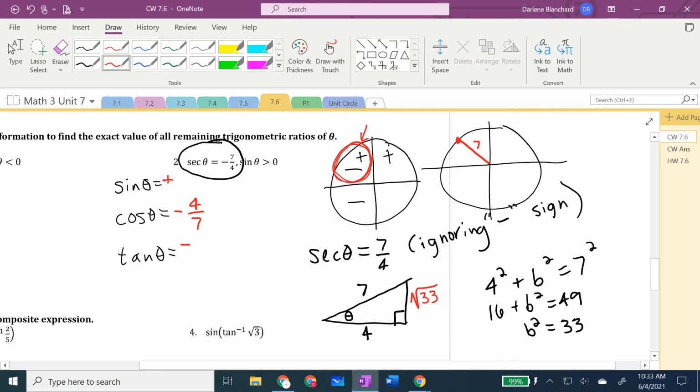I label that it's 7 because hypotenuse is 7. And then I drop a perpendicular down to the x-axis. I can see that the x-coordinate here is negative and the y-coordinate here is positive.